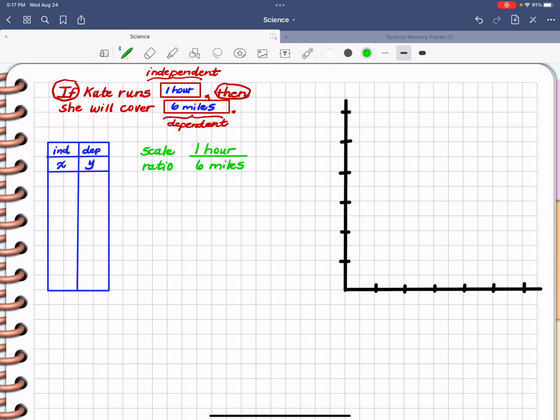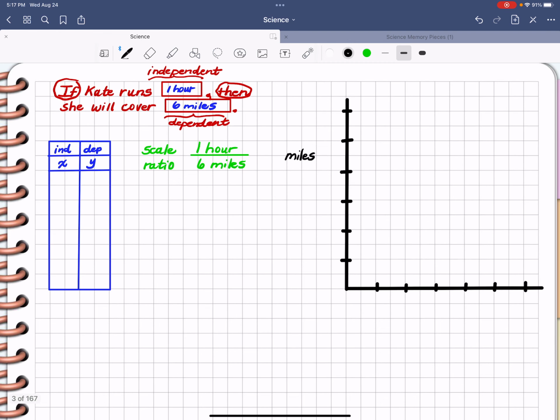But this is what will help you populate this table. But be careful. They said that they want the number of miles to be on the y-axis. That's dependent. So this is going to be the number of miles. And the x-axis is going to be in terms of minutes. Now, they gave us the 1 hour, but we have to work with that in terms of minutes to graph it.